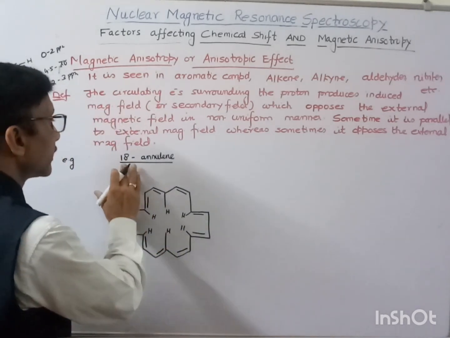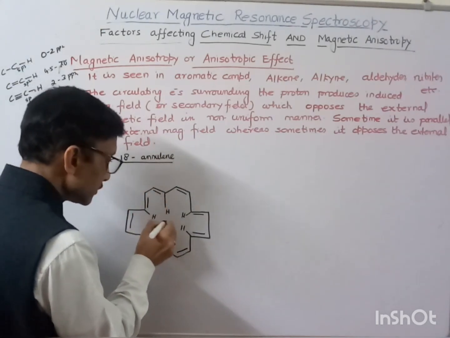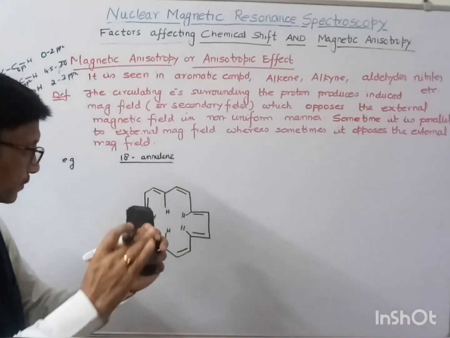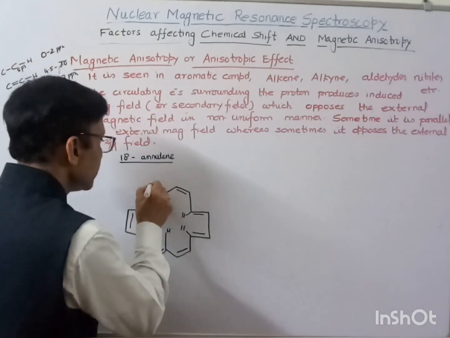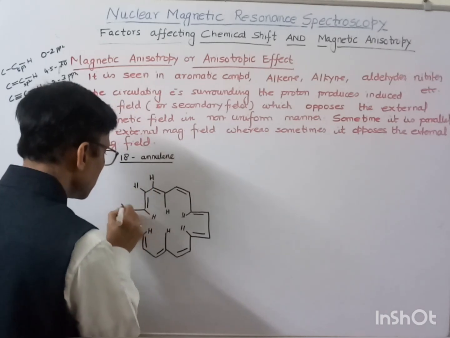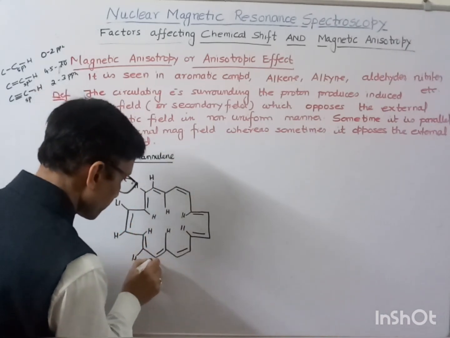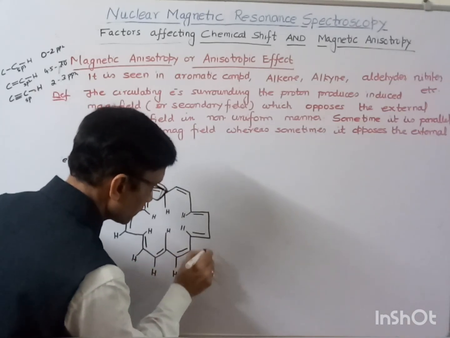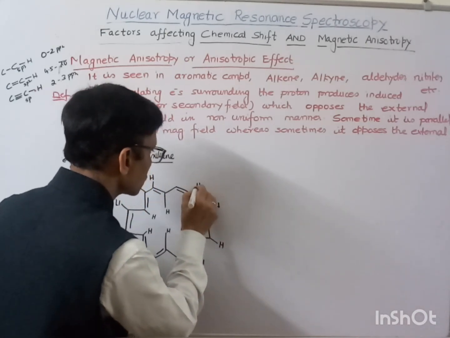So there are 9 pi bonds in the 18-annulene system, and here you can see these 1, 2, 3, 4, 5, 6 hydrogens present in the inner zone, and these are the outer protons.